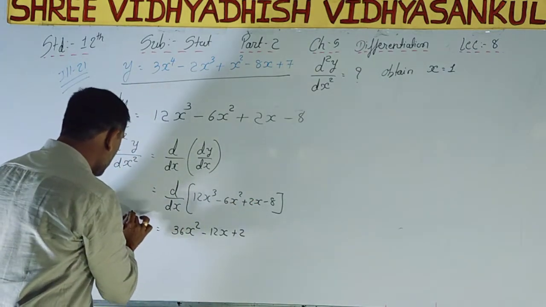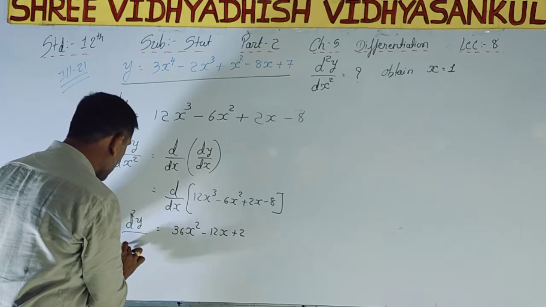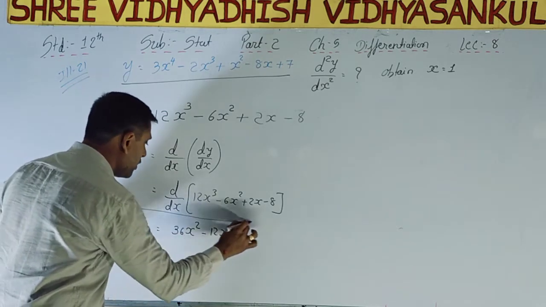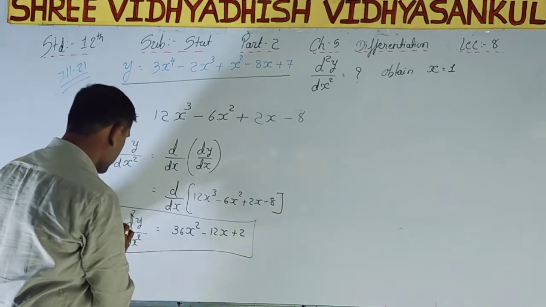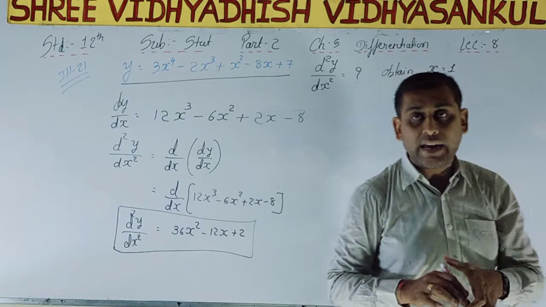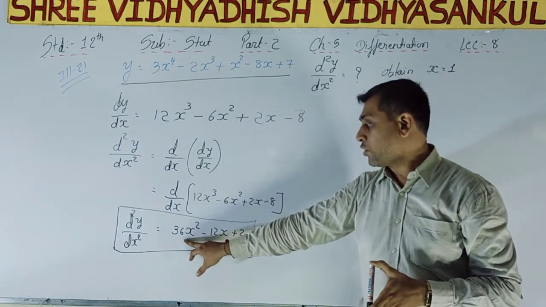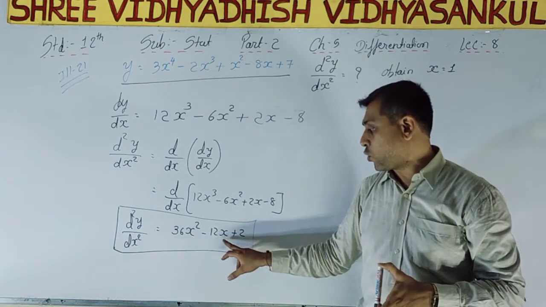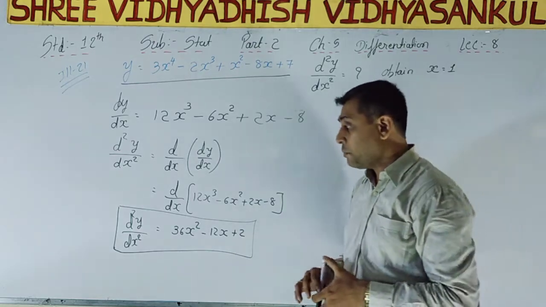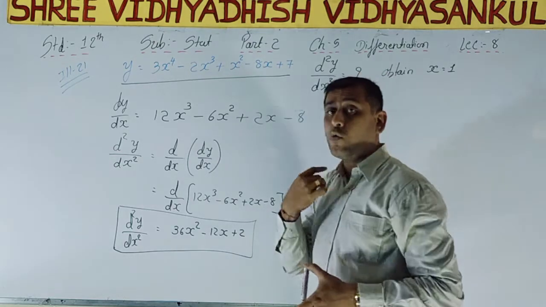This one is the second order derivative of the original question. This is your first answer: d square y by dx square is equal to 36x square minus 12x plus 2 is your final answer. But now we want one more thing.